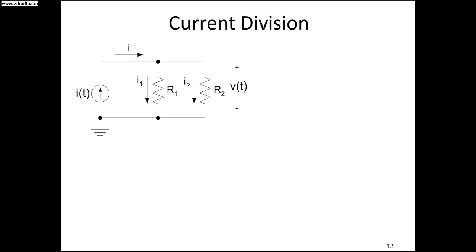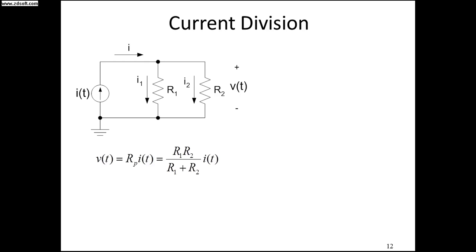Now we will get the expression for I1 and I2, which are the divided currents. First, V of t is equal to Rp, the equivalent resistance, into I of t, where Rp is R1 R2 divided by R1 plus R2.